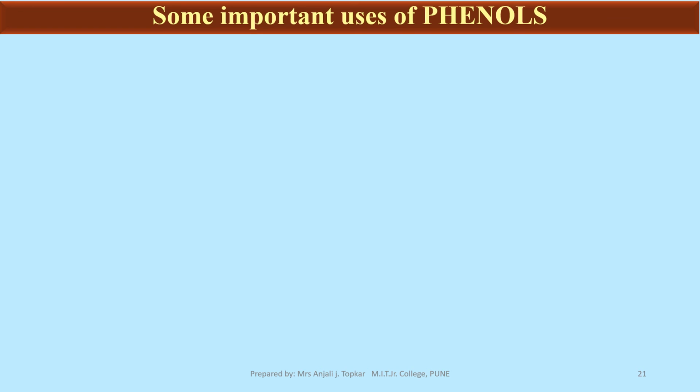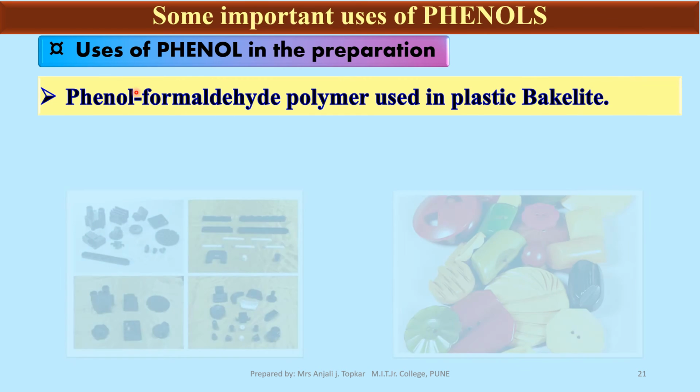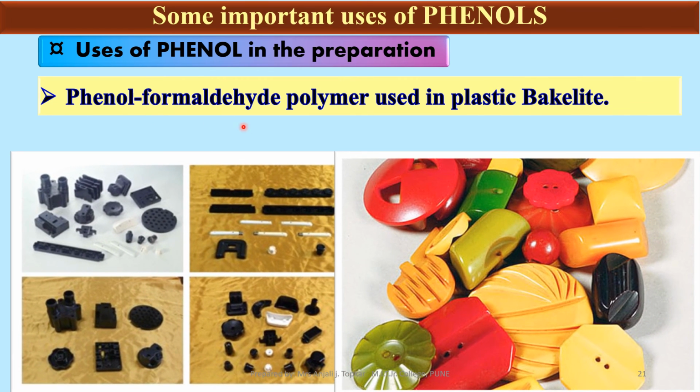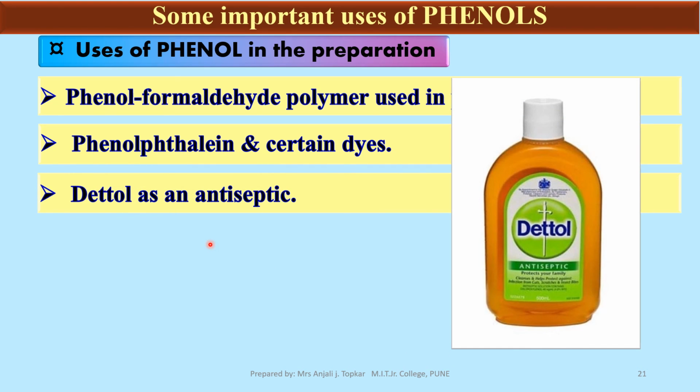Let's talk about some important uses of phenols. Phenol formaldehyde is a polymer used in plastic bakelite, phenolphthalein and certain dyes also. Phenol is used. Dettol as an antiseptic contains phenols.